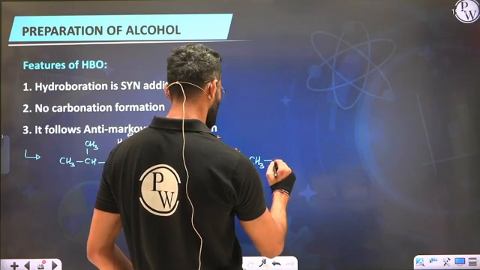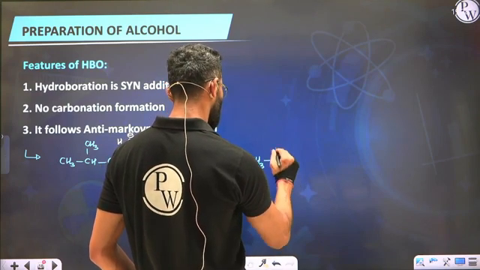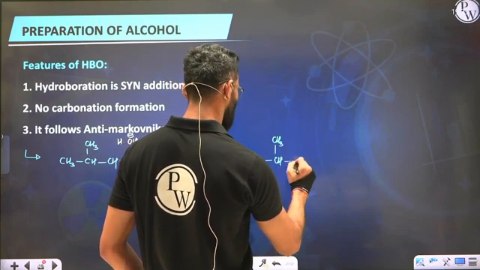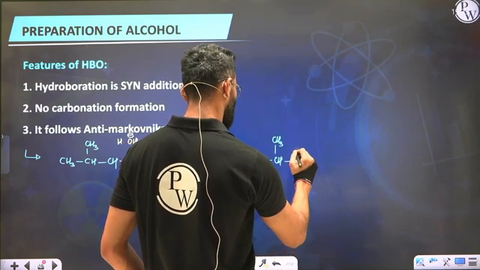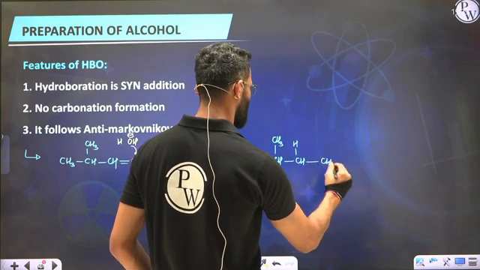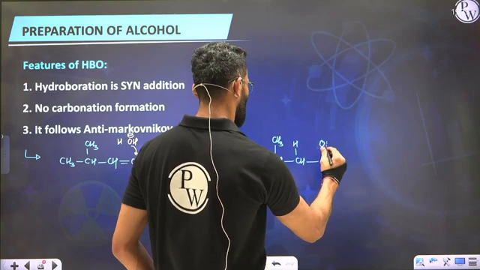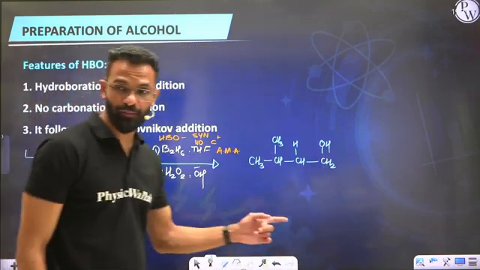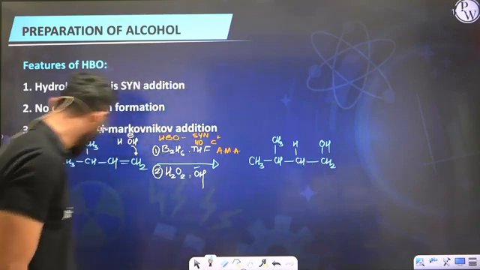Straight away I can say this is CH3, CH, CH3, CH2, and here it is CH2OH. Alright guys, in case of OMDM, you would observe OH was connected to the secondary carbon, right?